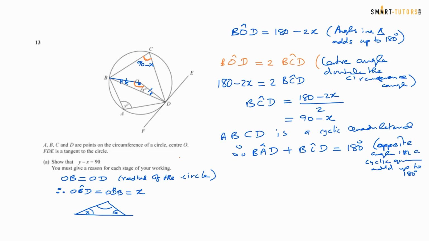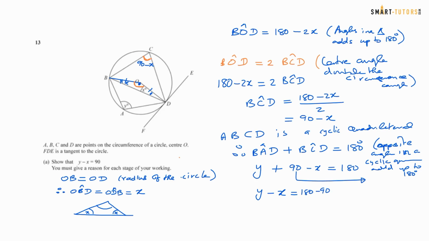If you are watching this video and you don't understand, just pause it. I don't think you can read my handwriting, but just listen to what I said: opposite angles in a cyclic quadrilateral add up to 180. It's one of the important theorems you study in circle theorems.